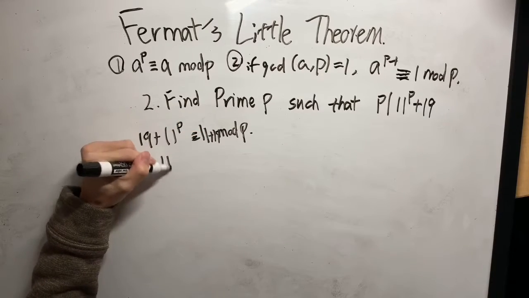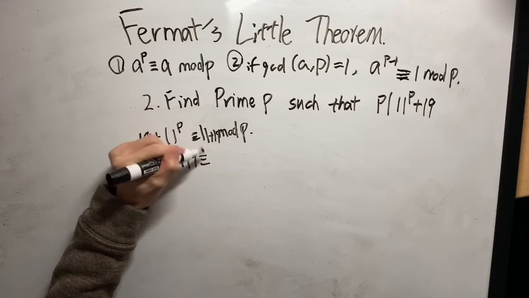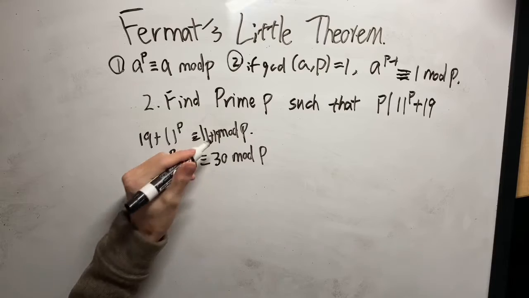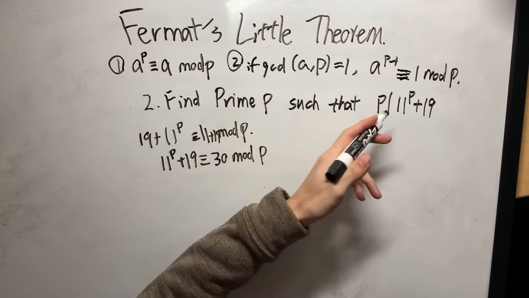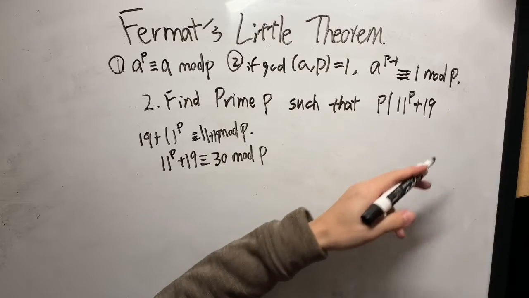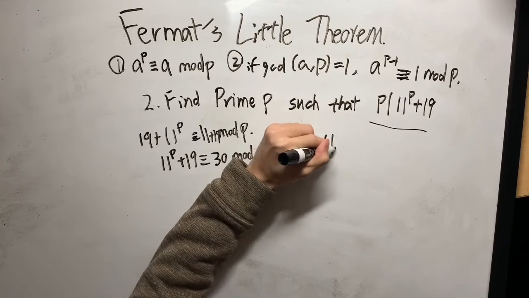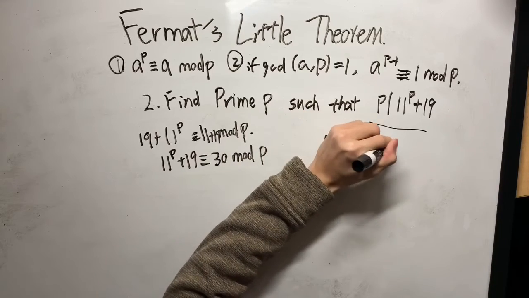We have 11 to the power of P plus 19 is congruent to 30 mod P. However, the question asks to find prime P such that P divides 11 to the power of P plus 19, then this means that 11 to the power of P plus 19 is congruent to 0 mod P.